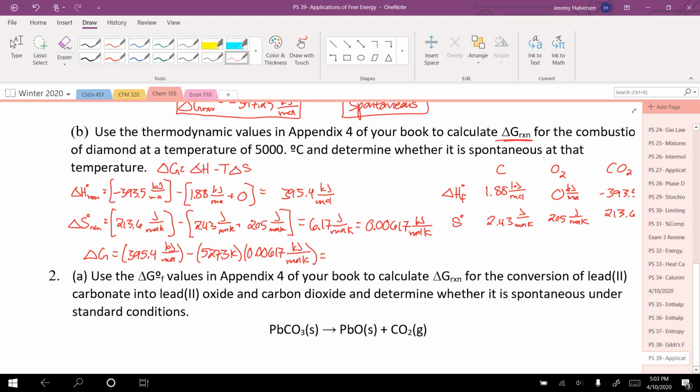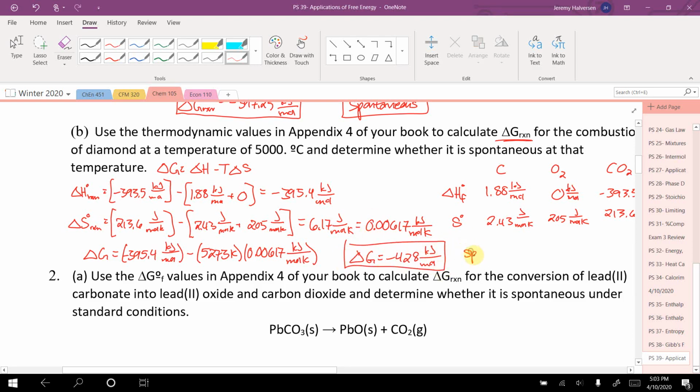Negative, oh, there we go. Negative, that's what I missed. This is negative, so that's negative 395.4. There we go. Delta G is negative 428 kilojoules per mole.